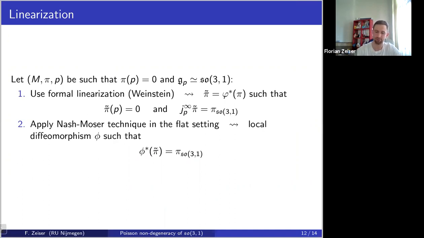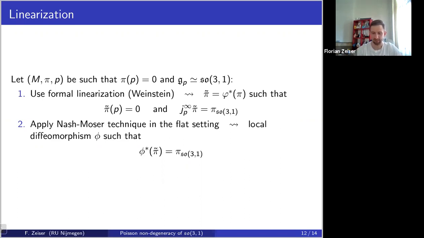Then one can first use the formal linearization of Weinstein and again the Borel lemma to get a local diffeomorphism which transforms π into a Poisson structure π tilde, which is still 0 at p. But now additionally, all its Taylor polynomials are the same as the ones from the linear Poisson structure at the point p.